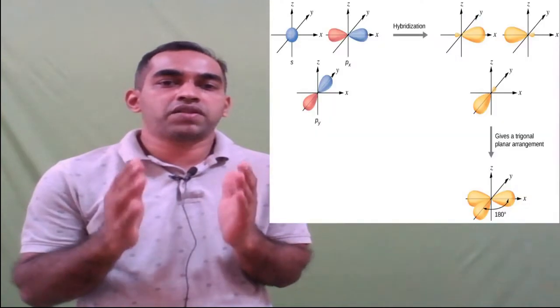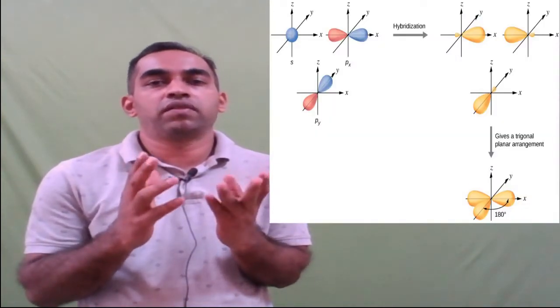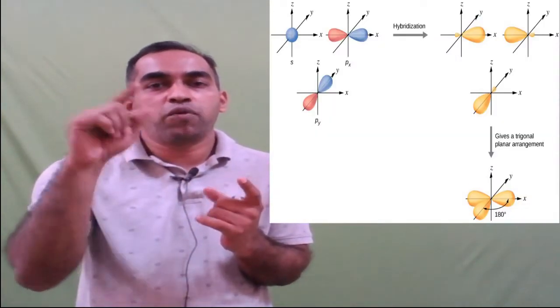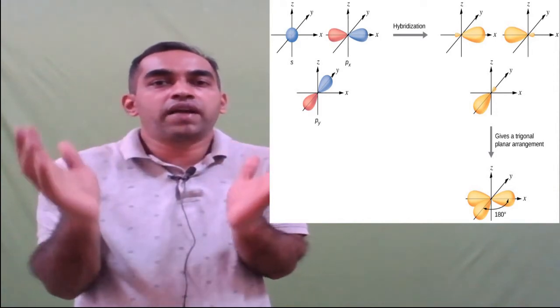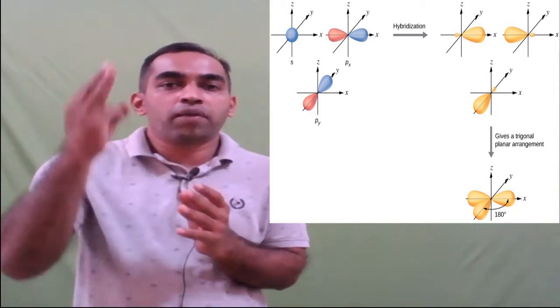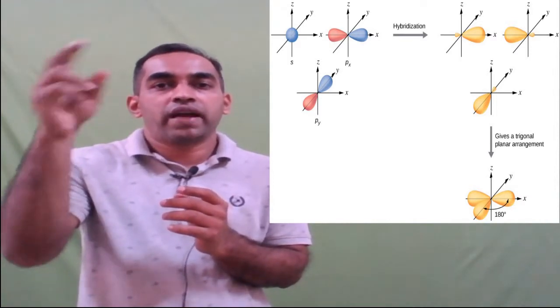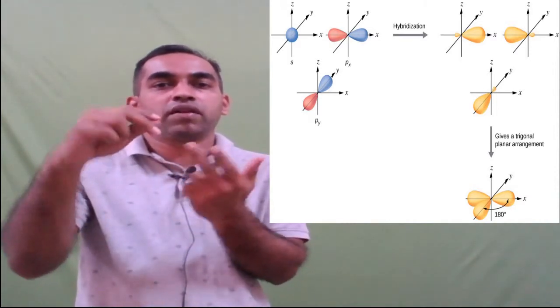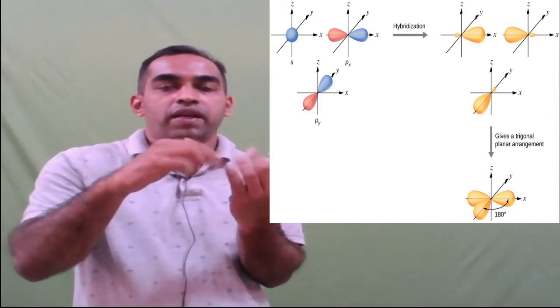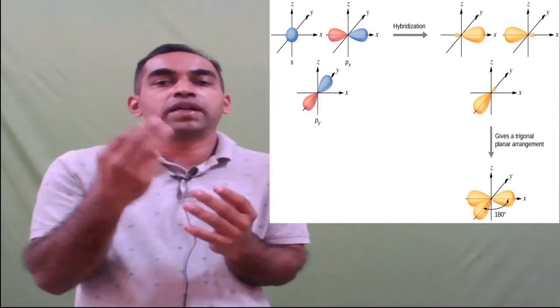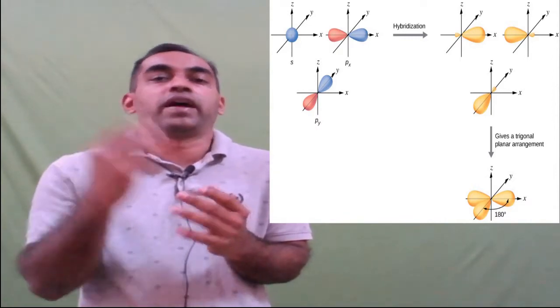Okay, now we will see what sp2 hybridization is. From the term you understand that sp2 hybridization means 2 p orbitals and 1 s orbital form the hybridized orbitals. Out of the 3 p orbitals available, that is px, py, pz, any two will mix with 1 s orbital to give 3 resultant orbitals which are sp2.